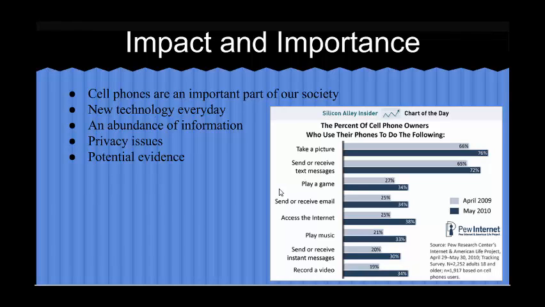Another big impact, or the big importance of cell phones, is that there's so much information on them that they could definitely make or break a case or a person. There's a lot to be found on them for most people, but there's also a lot of privacy issues with that. And as for privacy, there's no clear definition constitutionally. It's always an issue of, can law enforcement search the cell phone without a warrant?